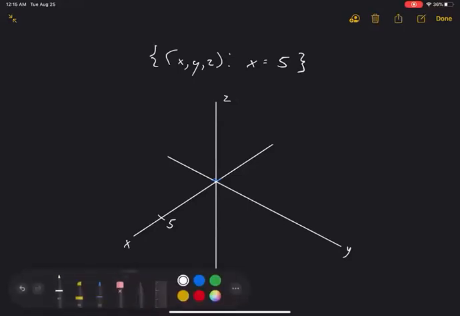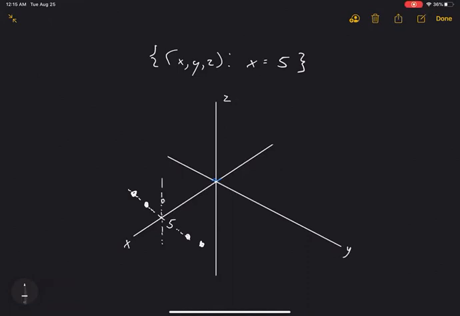If I had a line in this plane going through 5, this point has x coordinate 5, this point has x coordinate 5, and these over here have x coordinate 5. And what about a vertical line going straight up? This x coordinate is 5, this x coordinate is 5, and so on.